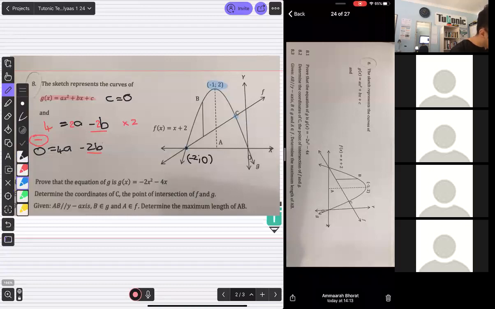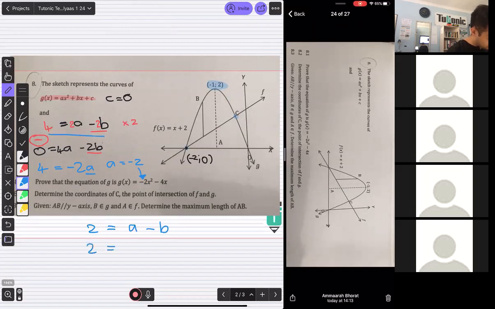So it's going to be 4 minus 0, which is 4, equals -2a. And therefore, a equals -2, which is what they ask you to prove there. And then because a is -2, we already said from the previous one that 2 equals a minus b from the first equation.